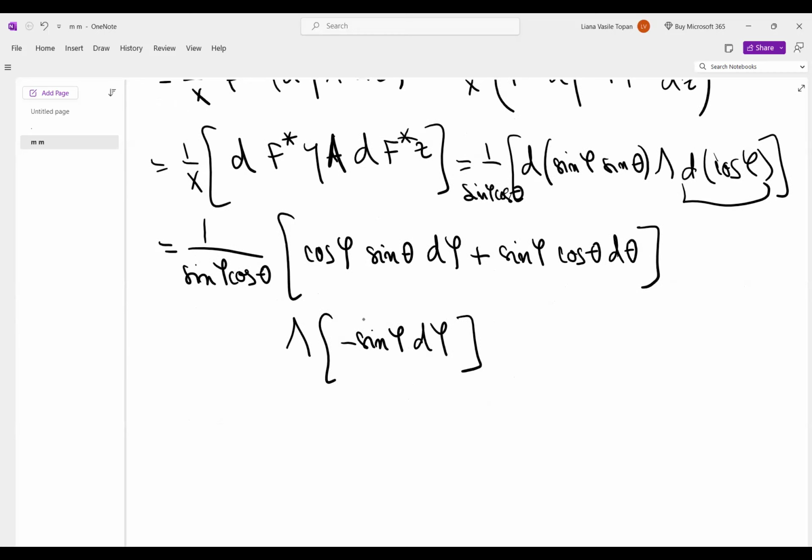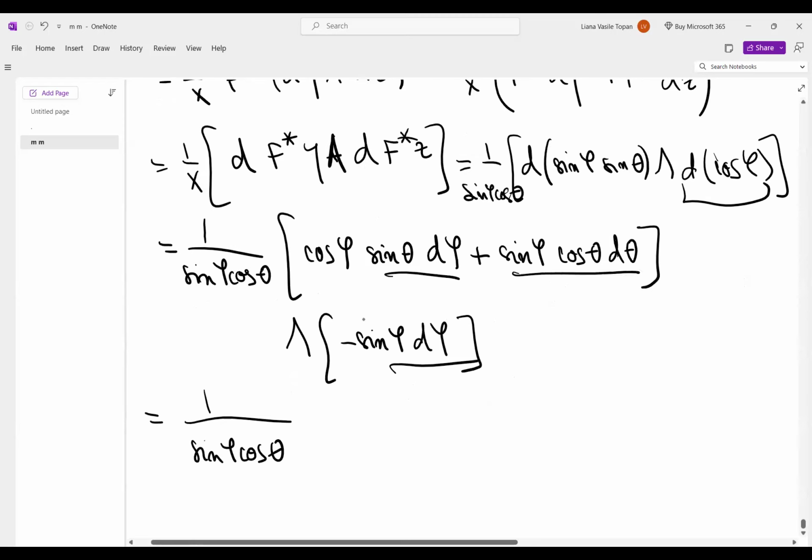So equals 1 over sine of phi cosine of theta. All right, so I have this wedge, this will be 0 because it's d phi wedge d phi. So I'm combining this and here. So I'll have a minus sine squared of phi cosine of theta d theta wedge d phi.